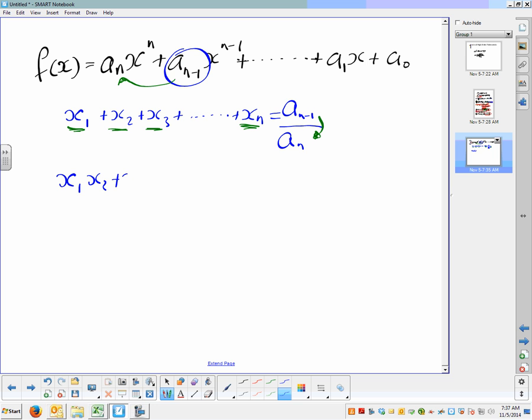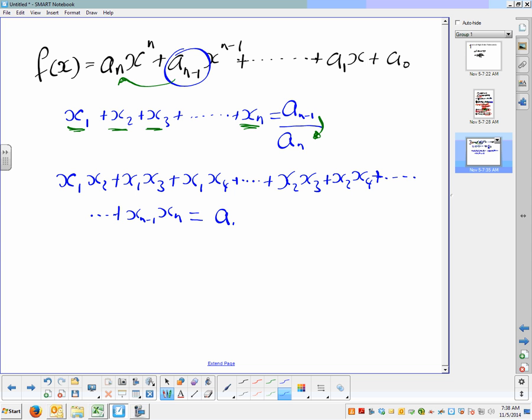So every possible pair you can make. And obviously, as n gets big, there gets a lot of pairs like this. So x2, x3, x2, x4, and so on, until you get to xn minus 1, xn, adding them all up, is an minus 2 over an.